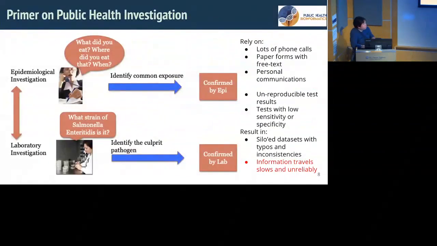Just before we start the discussion, I want to give a quick one-slide summary of what public health infectious disease surveillance and investigation entails. Basically, you can think of two parallel lines of investigation. One is epidemiological investigation, focused on what the exposure is, where the exposure happened, and when it happened. People, place, and time is the saying in epidemiology.